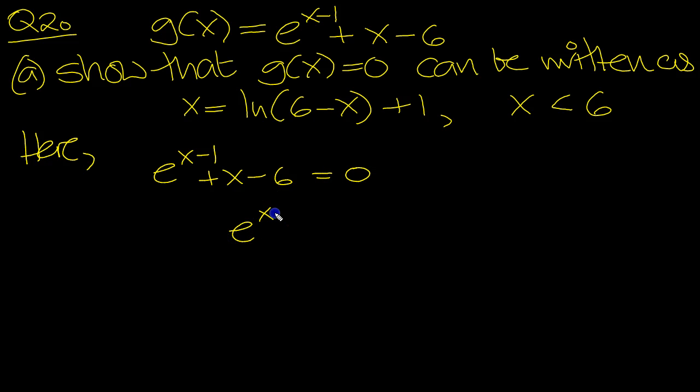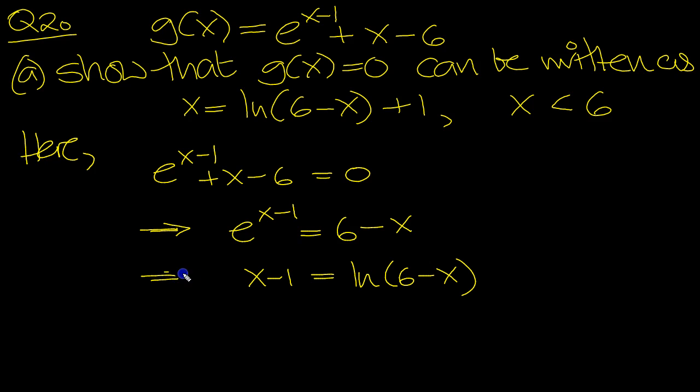E to the x minus 1 then is equal to, move the 6 over, move the x over, flip the sign of both, and then take logs to base e, so e swings down is the log of 6 minus x. So all we did was take logs to base e. Effectively the e swings down to become the base, and the x minus 1, the exponent, just drops down to ground level. And that then tells us that x is equal to ln of 6 minus x.